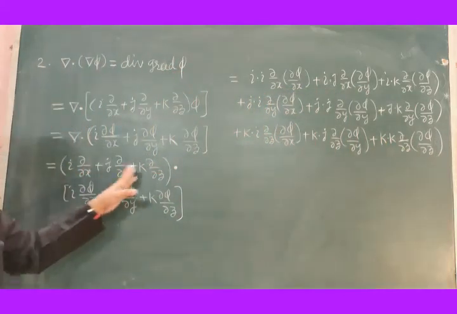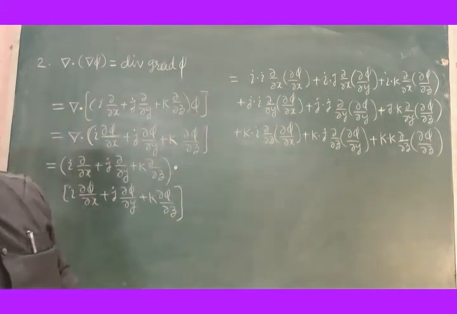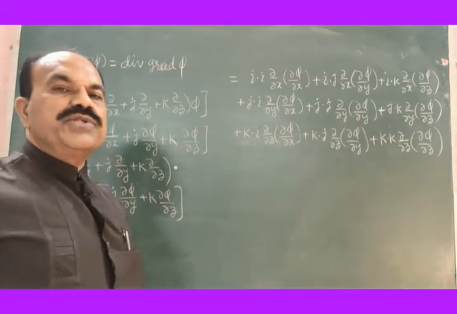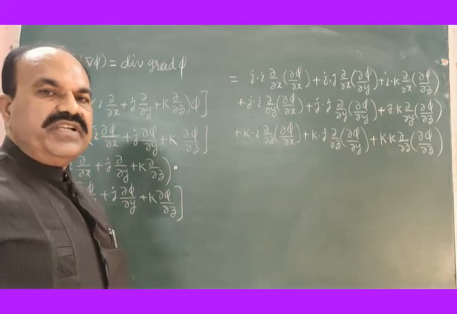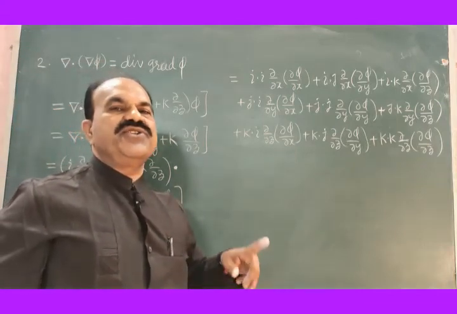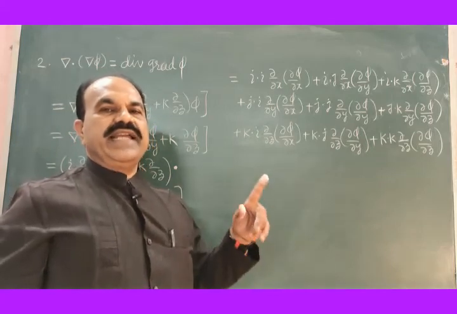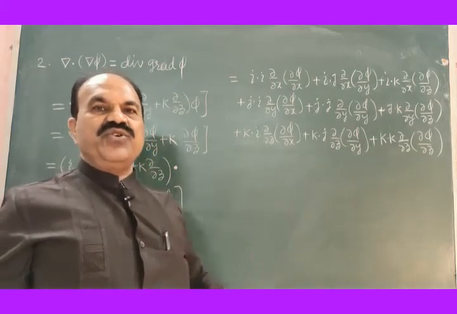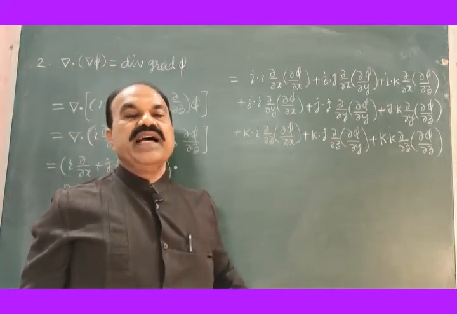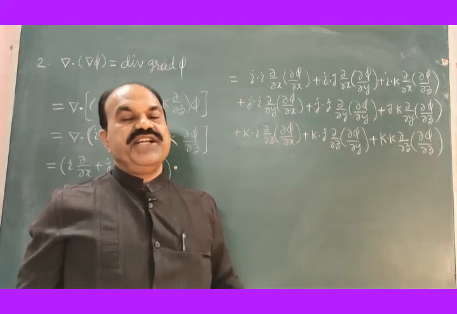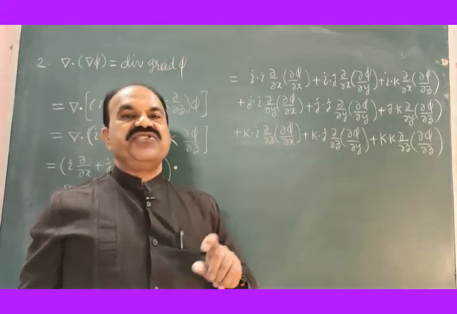So this dot product is completed here. Now you know the rules of the dot product of unit vectors. i dot i is equal to 1, j dot j is equal to 1, k dot k is equal to 1. i dot j is 0, j dot i 0, i dot k 0, k dot i 0, j dot k 0, k dot j 0.